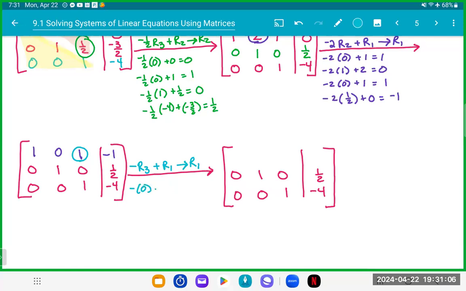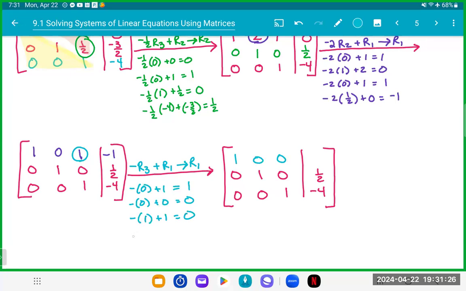Negative 0 plus 1 is still 1. Negative 0 plus 0 is still 0. Negative 1 plus 1 is 0.